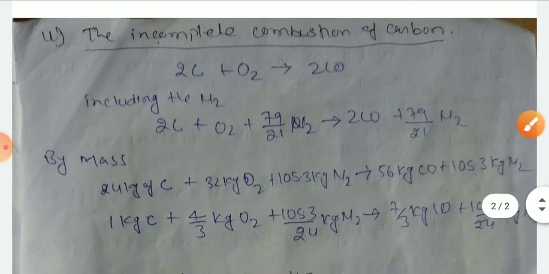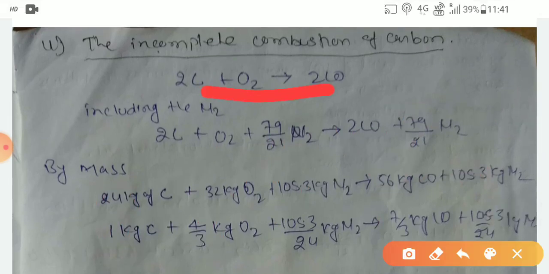So here I write that 2 moles of carbon react with 1 mole of oxygen to give 2 moles of carbon monoxide. If I include nitrogen, then you can write that too.